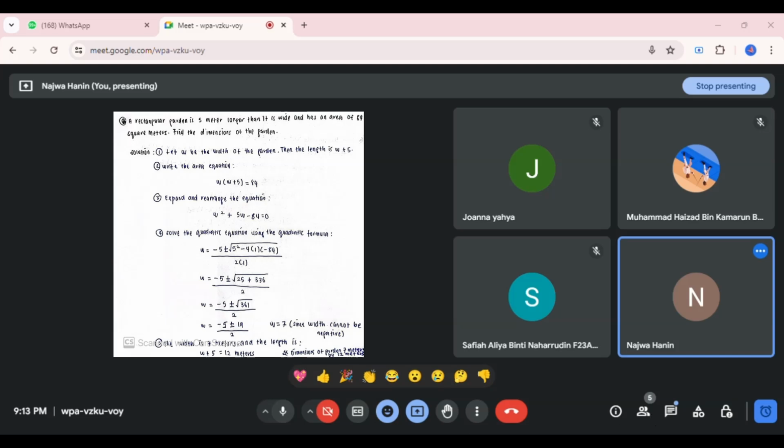Number 5, the width is 7 meters and the length is W plus 5, we get 12 meters. And the answer is dimension of the garden 7 meters by 12 meters. That's all from me. Thank you.